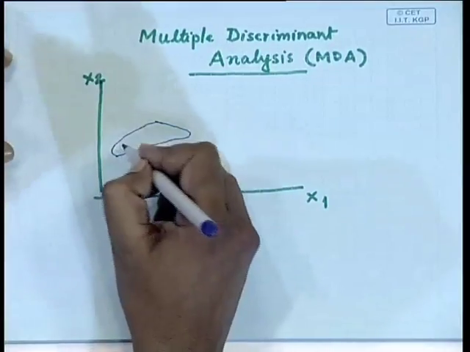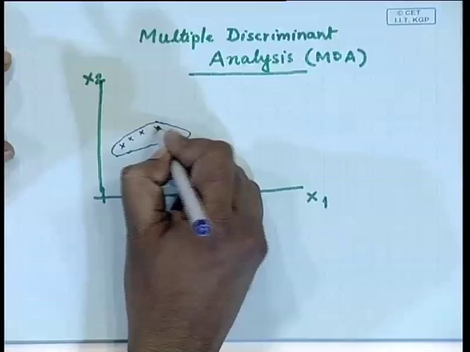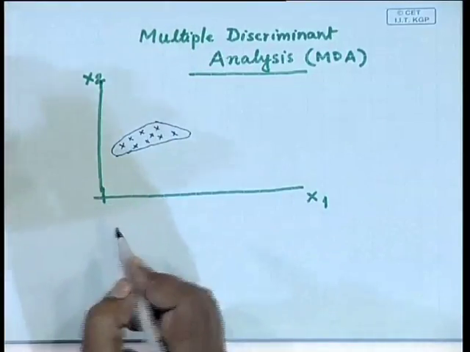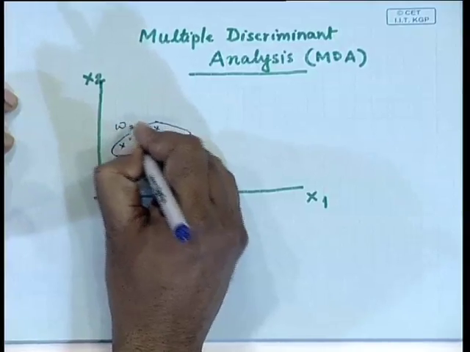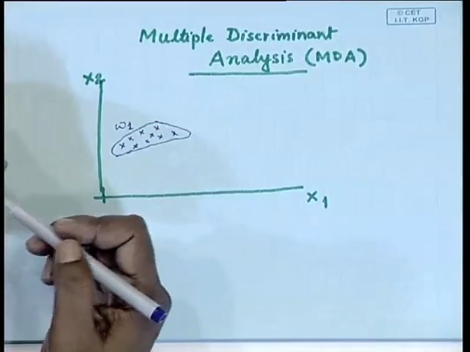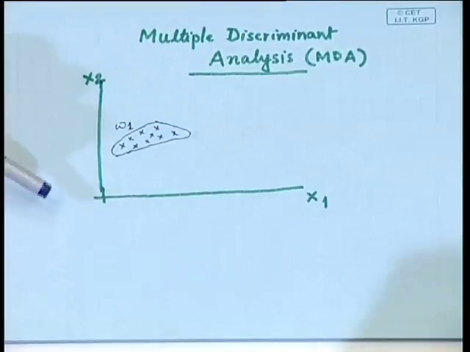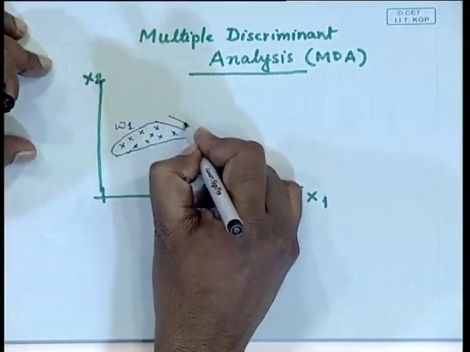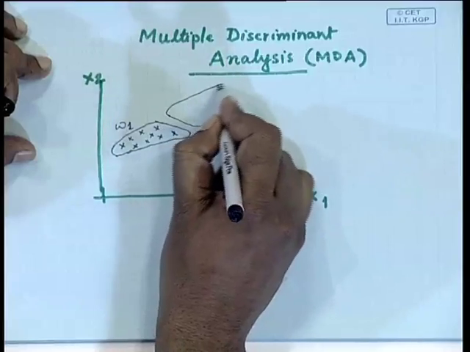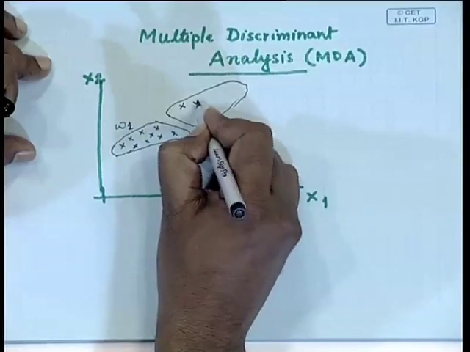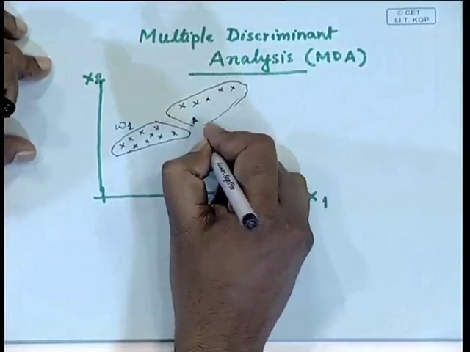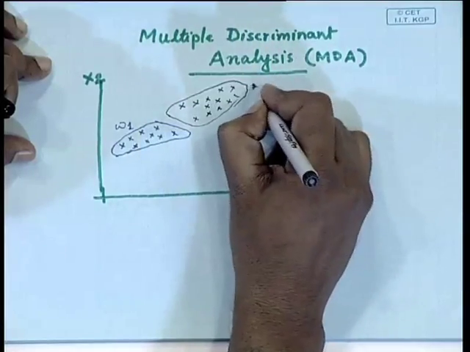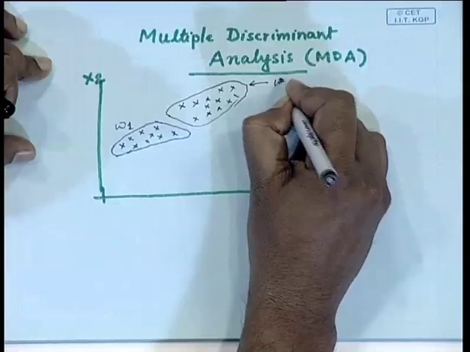So, this is the data, the training samples that you get, that belongs to one class, let us say this is class omega 1, okay. And the other set of training samples which are given, they may be something like this. Suppose this set of samples belong to class omega 2.